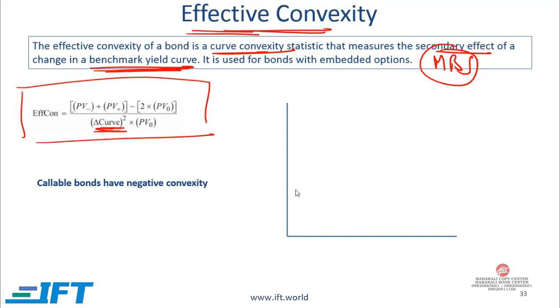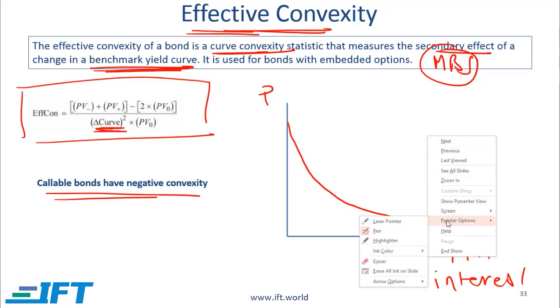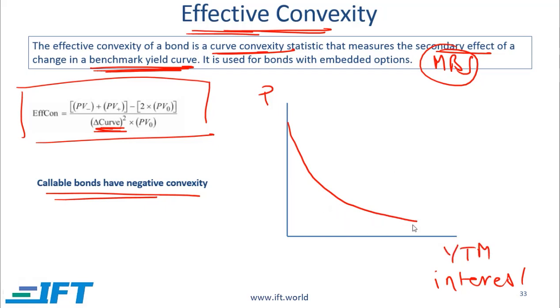I also want to point out that callable bonds have negative convexity. If this is your regular straight bond, it is convex. Here we have price on the y-axis and yield to maturity on the x-axis, or you can just generally refer to this as interest rates. What happens for a callable bond? We've seen this before, and I will draw a callable bond in a different color. At high interest rates, the price of a callable bond will be fairly similar to the price of a non-callable bond.